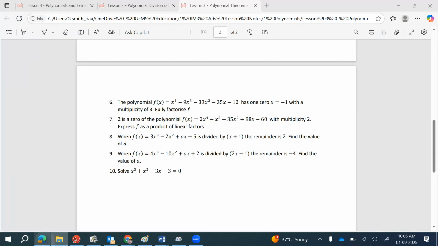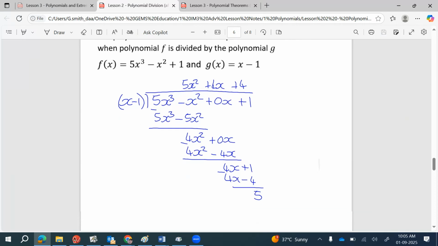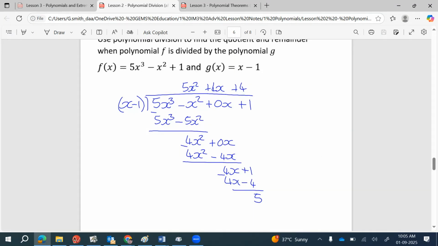Last week we did some polynomial division, like this one. We've got this polynomial here, and we're dividing by x minus 1. So what is the value of a?